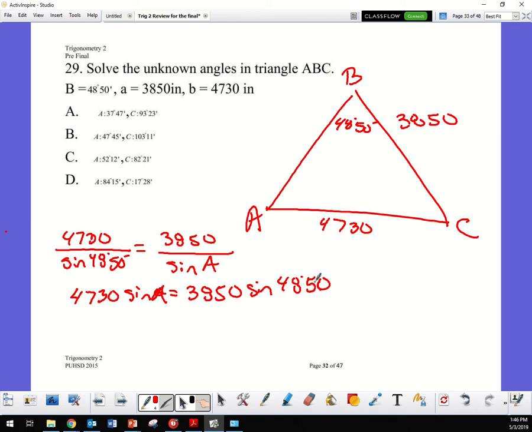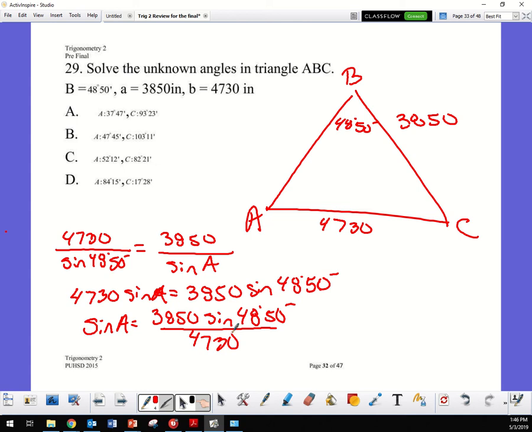Then divide both sides by 4730. So I should get sine A equals 3850 sine of 48 degrees 50 minutes over 4730.